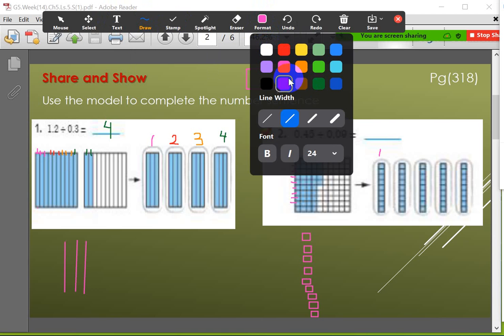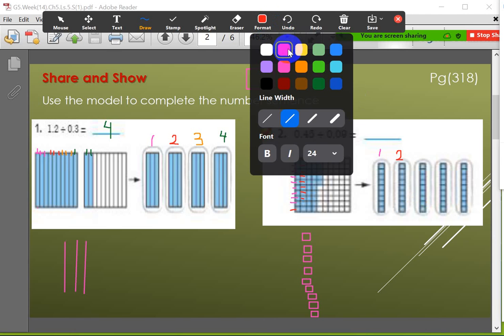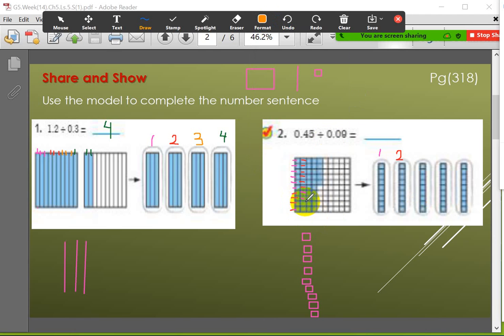Now I will change the color to red: 1, 2, 3, 4, 5, 6, 7, 8, 9. This is the second group. Now I will change the color to orange: 1, 2, 3, 4, 5, 6, 7, 8, 9.